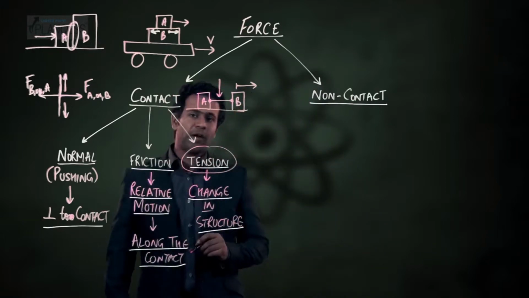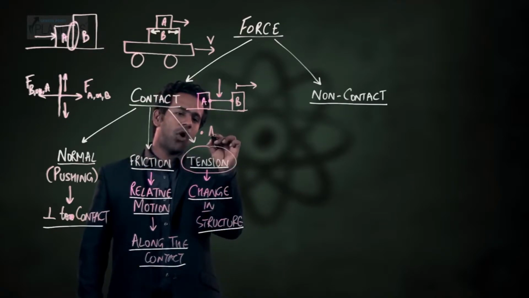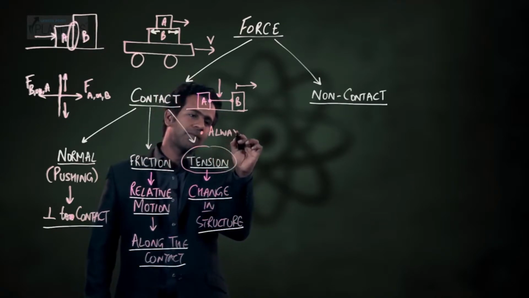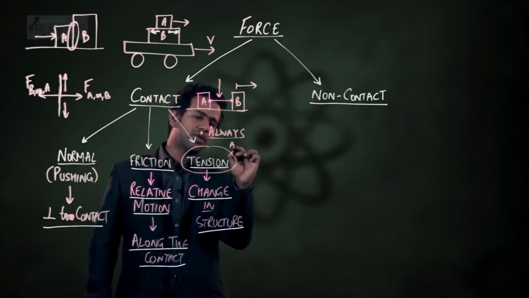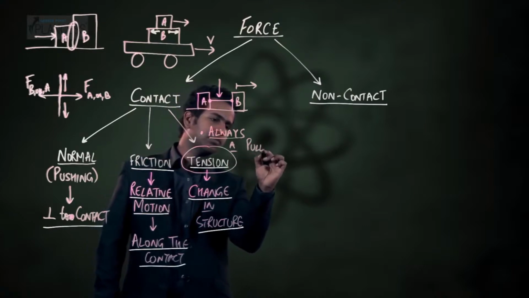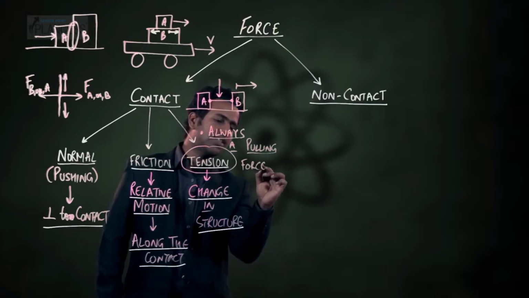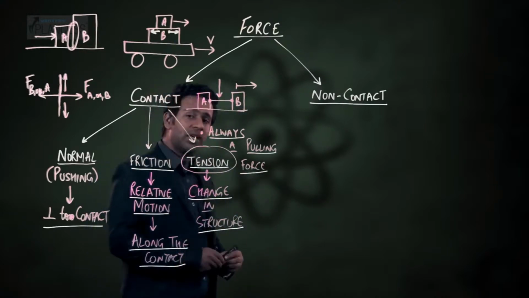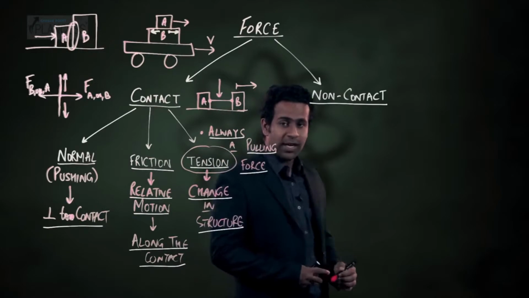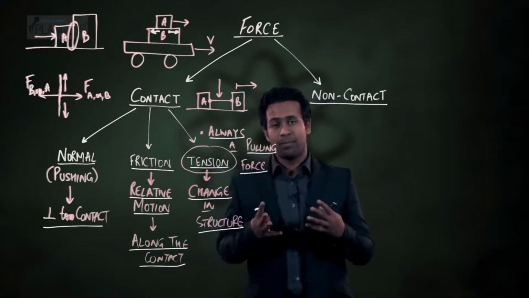The second property of tension is that it is always a pulling force. Just as we saw that normal is always a pushing force, tension is always a pulling force.